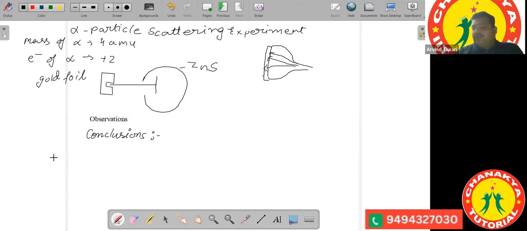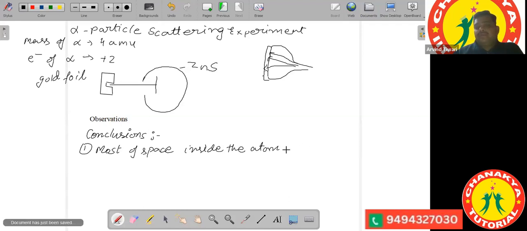So your first conclusion that was drawn out of it is that most of the space inside the atom is empty. Okay, so this is one of the conclusions.